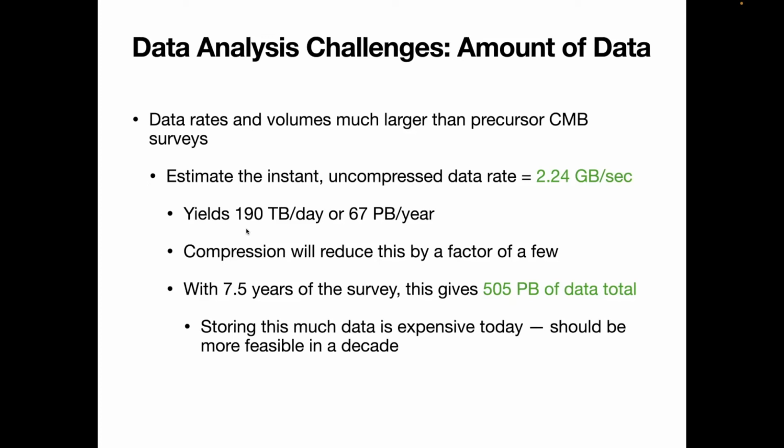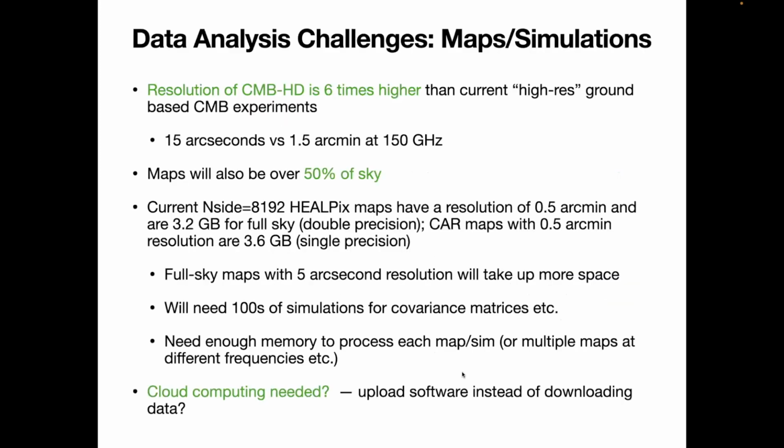And you could reduce this by a factor of a few with compression, but that's about it. So with 7.5 years, you'll have about 500 petabytes of data. And while storing this much data is very expensive today, hopefully in a decade, it will be much more feasible. So there's a lot of data, but okay, so challenge number one.